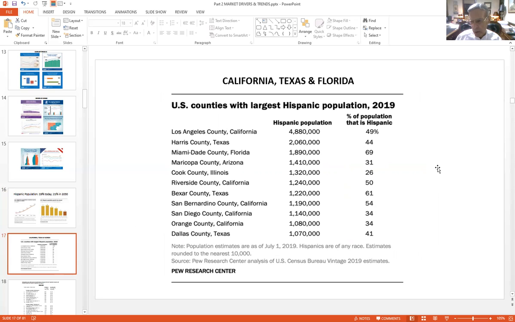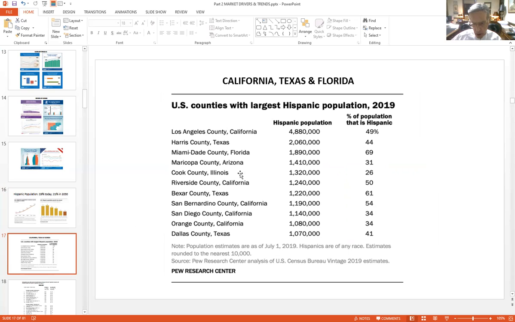Where is this population, the Hispanic population, located most? Well, you probably could have guessed it, but it's California, Texas, and Florida. However, those are not the only states.